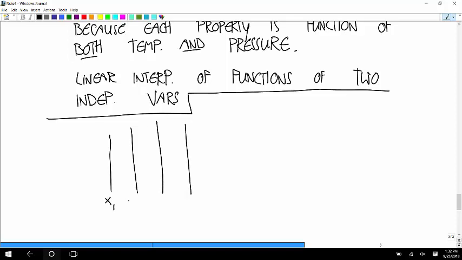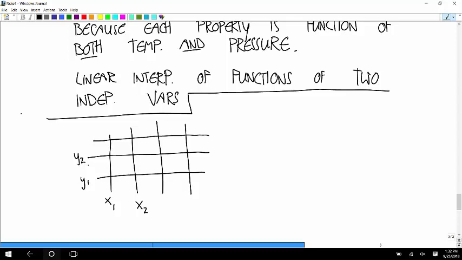We'll have an x1 and an x2, and to finish the grid, now we have values like this for the y's. Let's say this is y1, y2. And our function of the two independent variables is a surface over the top like this.